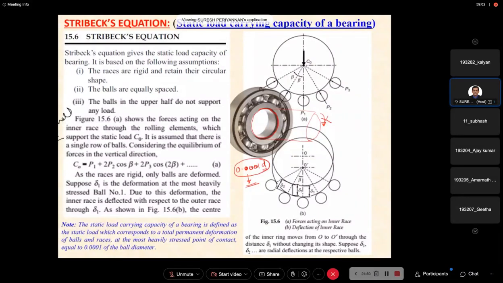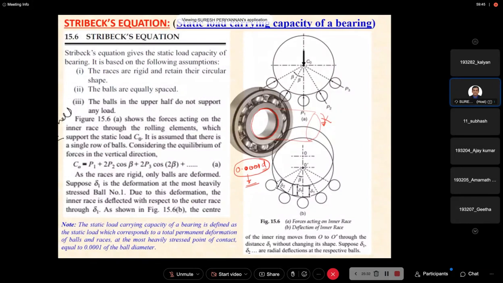Where the deformation value is minimum, less than this assigned value, extremely smooth operation can be obtained.